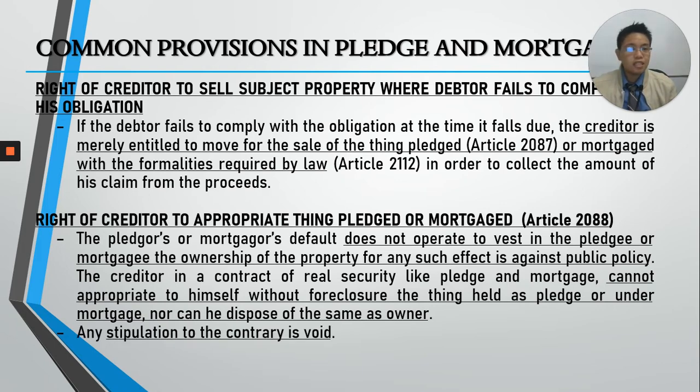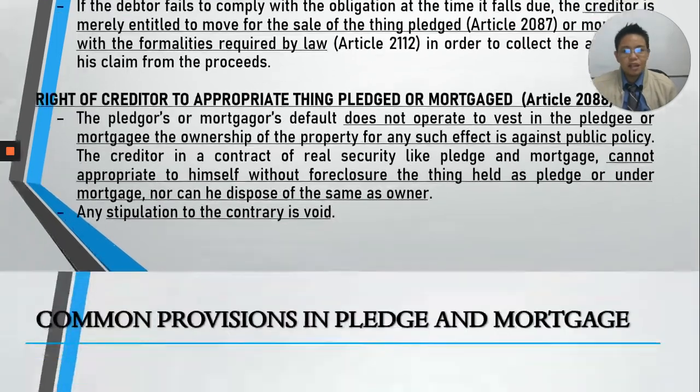What else? Any stipulation to the contrary is void, meaning even if it is stipulated in the contract, kapag ito ay di nabayaran ng principal utang, ang creditor na ang may-ari ng washing machine, bawal yun, tandaan ninyo. So even if it is stipulated in the contract of pledge, bawal pa din. What else?